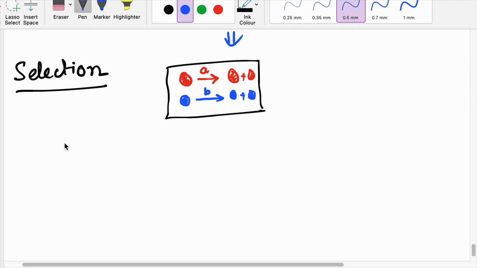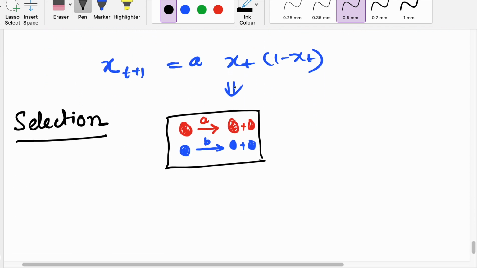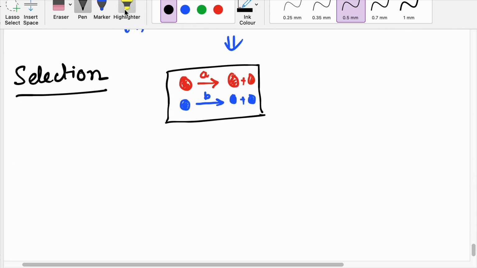Now if I take these two together in an environment which gives enough food, let me go back to this equation and try to write the equation again.